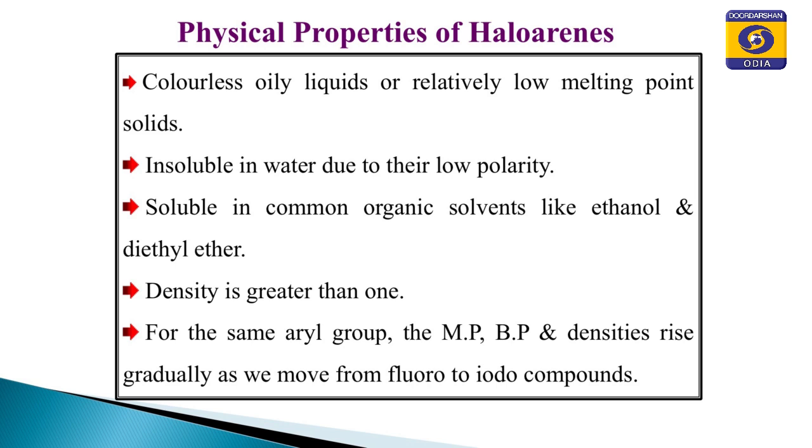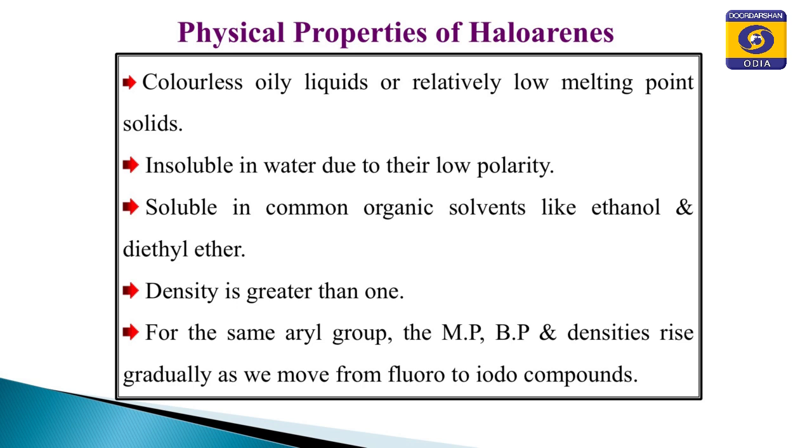So, the physical properties are, these are colorless oily liquids or relatively low melting point solids, and the second point is that they are insoluble in water due to their low polarity. You all know that like dissolves like. Like dissolves like means the polar solvents dissolve the polar compounds and the non-polar solvents dissolve the non-polar compounds.